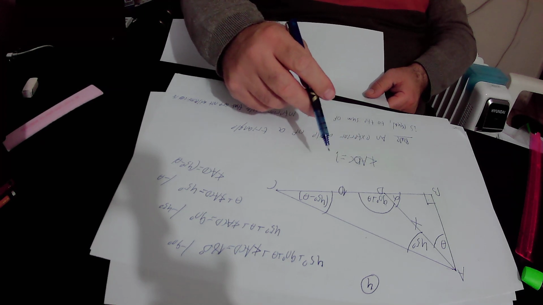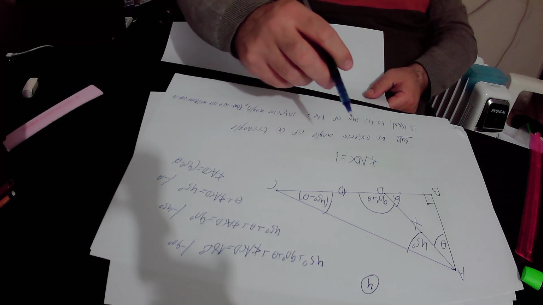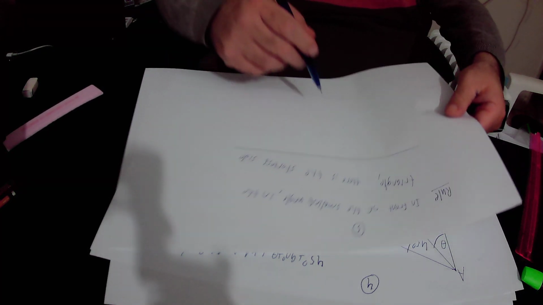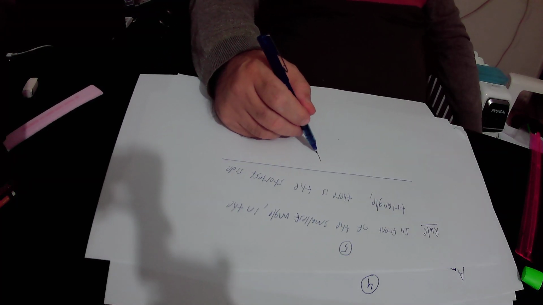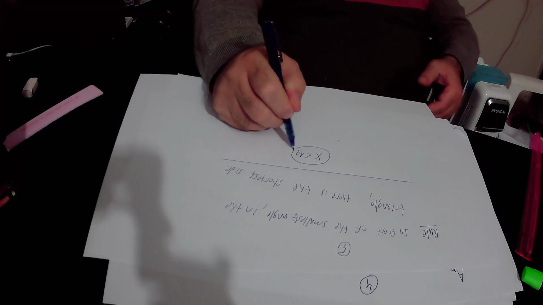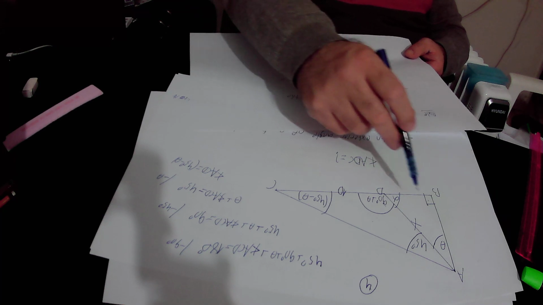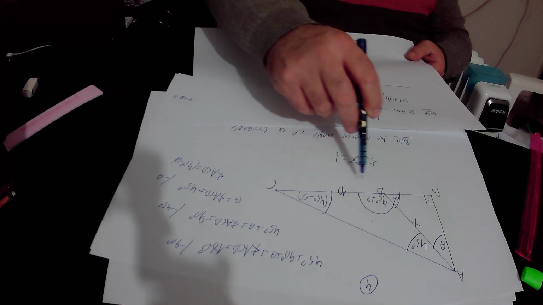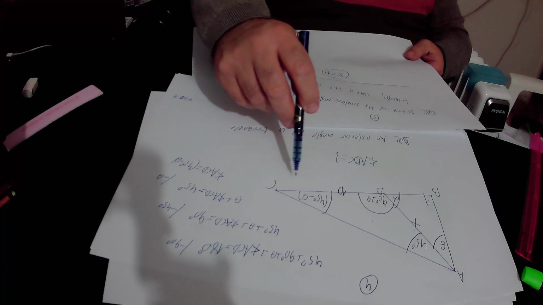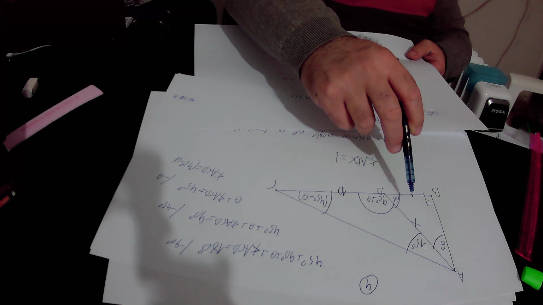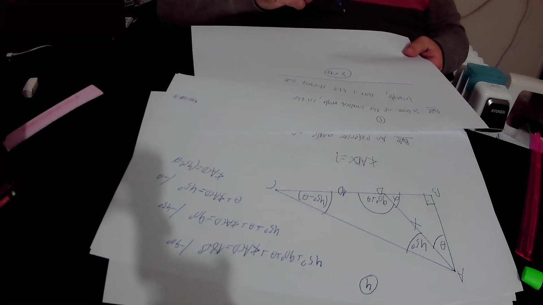That is to say X must be less than 10 units. So according to the rule that I stated, X must be less than 10 units because it is the shortest side in this triangle ADC, and we have a side that is equal to 10 units.